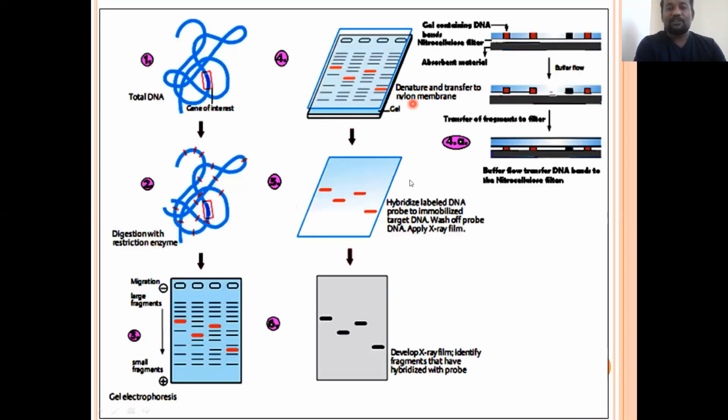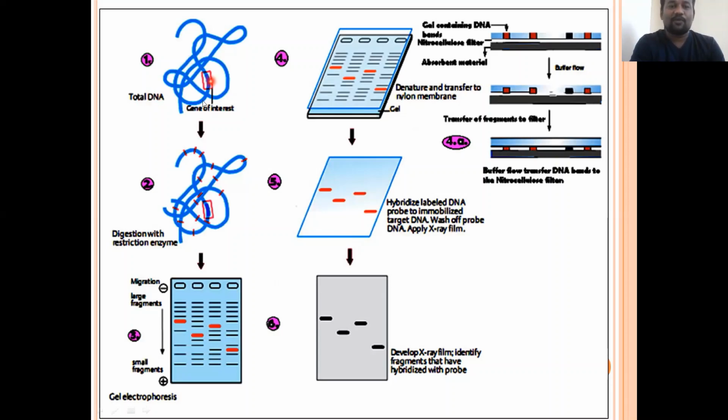So this picture shows the common procedure for blotting techniques. Just imagine this is the RNA or DNA or a protein, whatever. So this is a common procedure. In this case, it is showing the DNA.